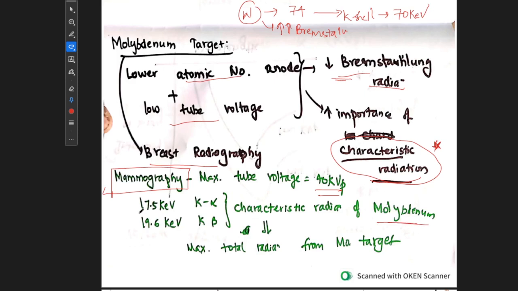So the maximum radiation produced from the molybdenum target is 17.5 and 19.6, and this is used for mammography.